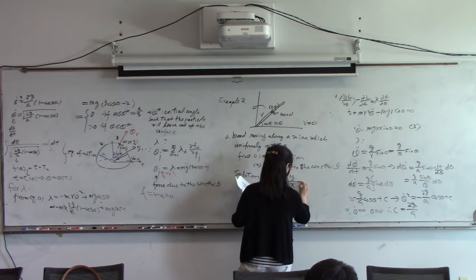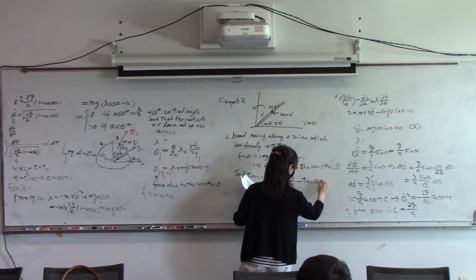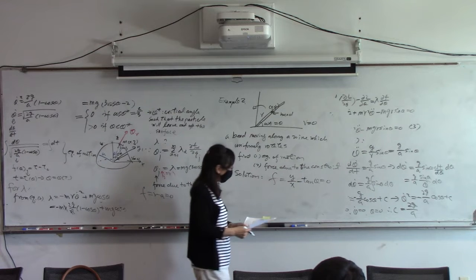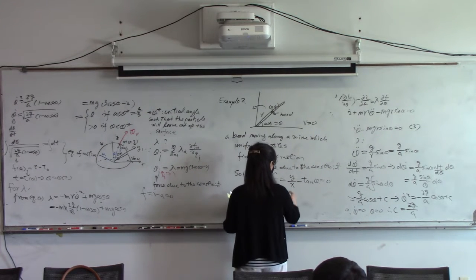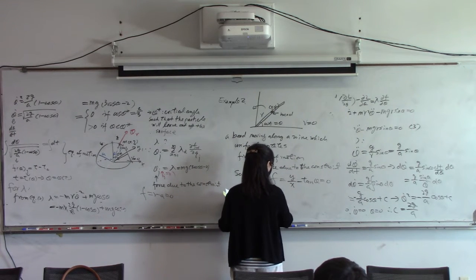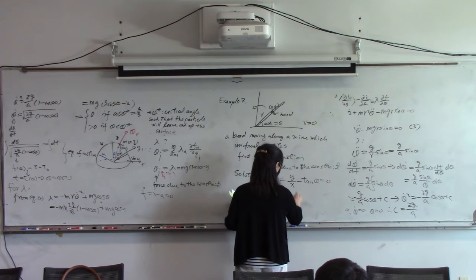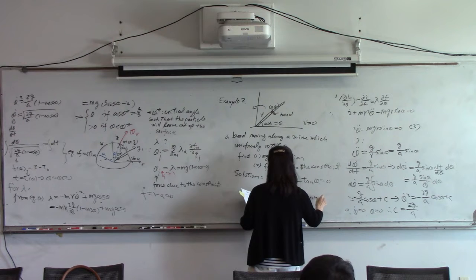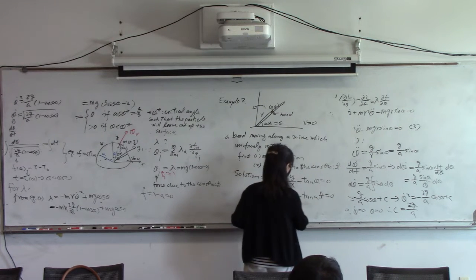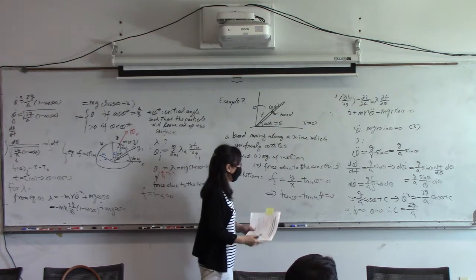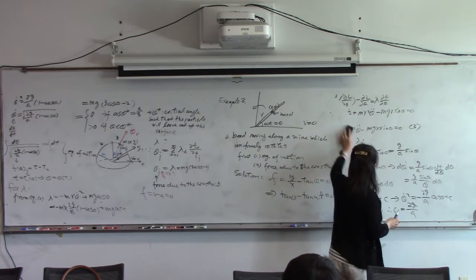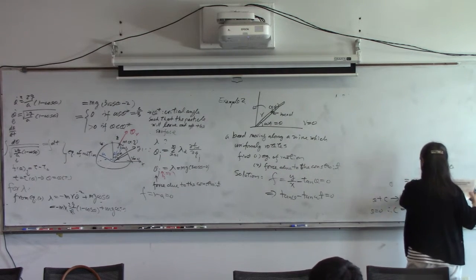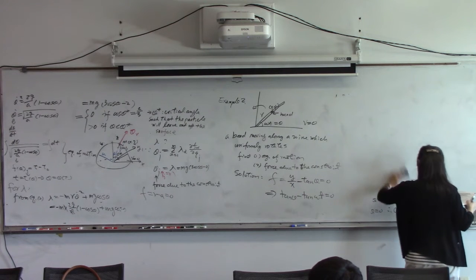So that means y over x minus tangent theta equals 0. Or I can write it this way, y over x minus tangent omega t equals 0, since theta equals omega t. So we have this equation of constraint. That is the only equation of constraint we have. So this is holonomic, yes.